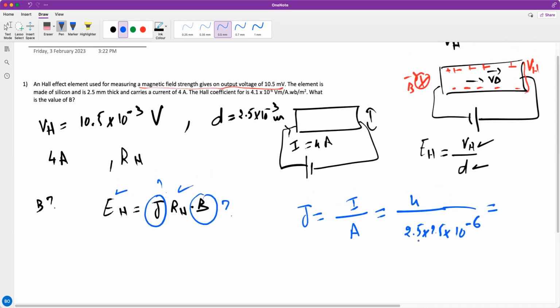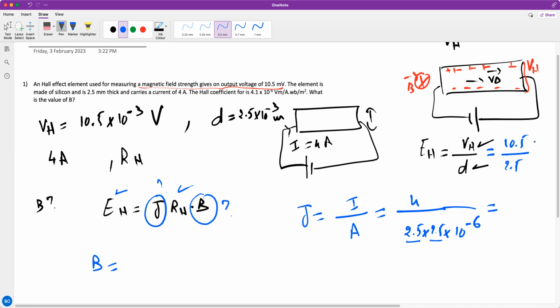I converted 2.5 millimeters to meters, 10^-3, and the other 2.5 millimeters also 10^-3. This gives me an area. Then B becomes E_H over J R_H. What is E_H? E_H is equal to 10.5 divided by 2.5. I'm not converting because both are in milli, so it is straightforward.